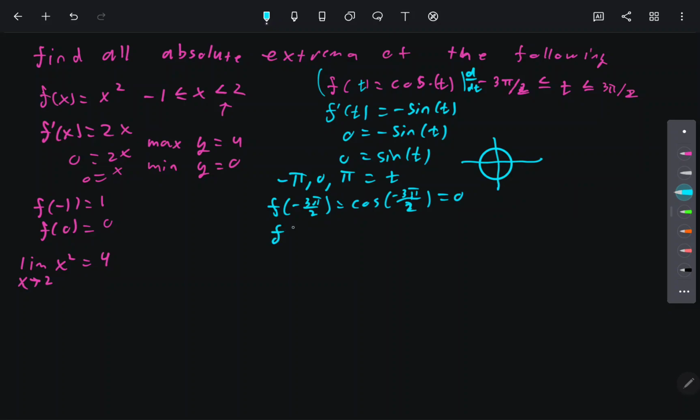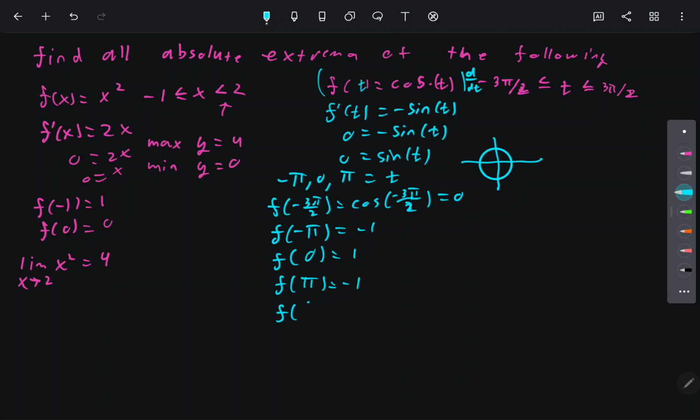So then we have f of negative pi, which is going to be, we're just going to go all the way back here, negative 1. f of 0 is going to be equal to 1. f of pi is going to be equal to negative 1.